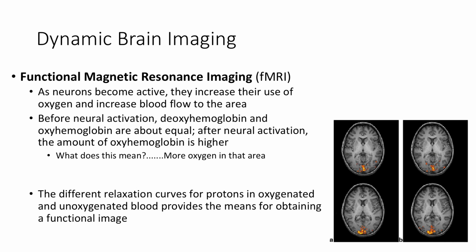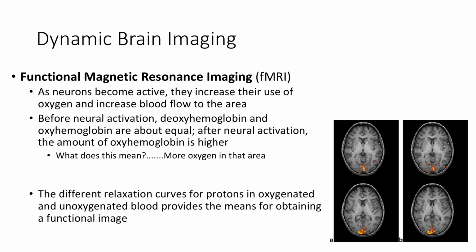Before neuroactivation, the amounts of deoxyhemoglobin, or hemoglobin without oxygen, and oxyhemoglobin, or hemoglobin with oxygen, are about equal. However, after neuronal activation, the amount of oxyhemoglobin in the blood increases. So the magnetic properties of unoxygenated blood are different from those of oxygenated blood.